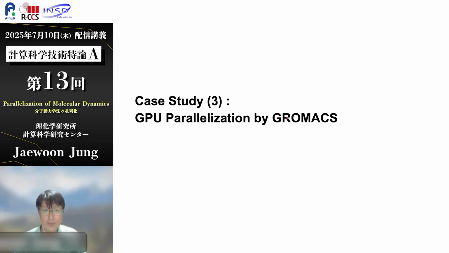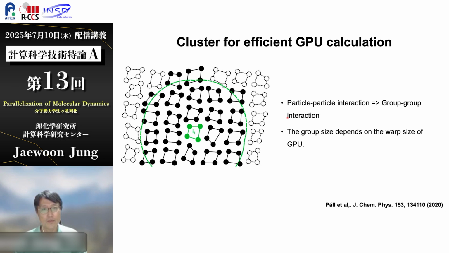And yeah, we still have time. Also, in MD, you should consider parallelization using GPU. I think GROMACS is one of the very popular MD software using GPU, and I will briefly explain the GPU parallelization by GROMACS. As I said, in the GPU case, SIMT is very important to parallelize.